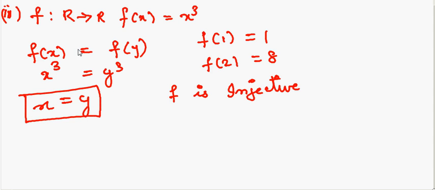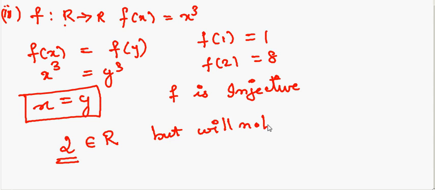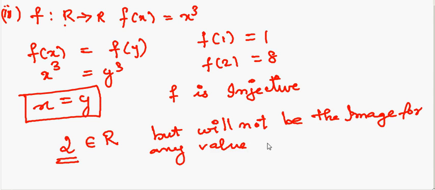Let's check for the next one, whether it is surjective or not. When you take real numbers, all numbers are included. So 2, which is an element of R, will not be the image for any value of x, because we will not get cube as 2 for any value of x.